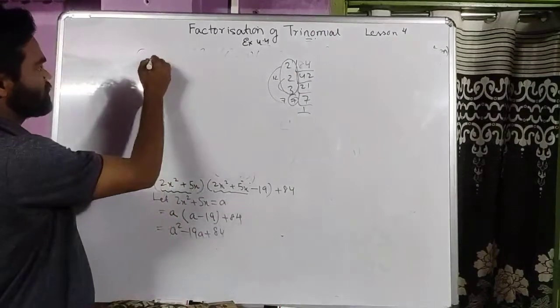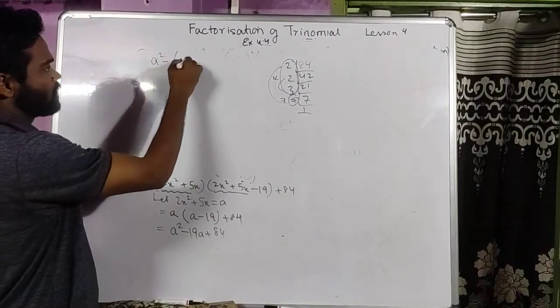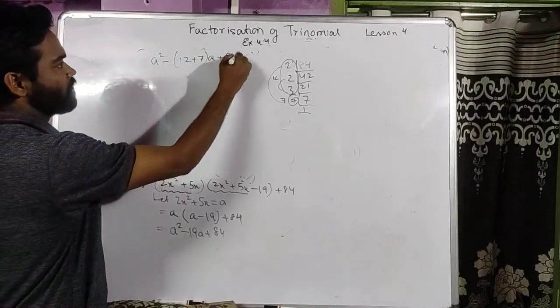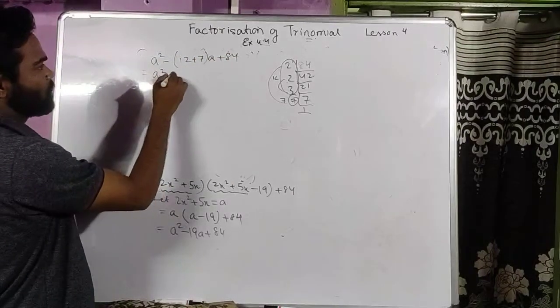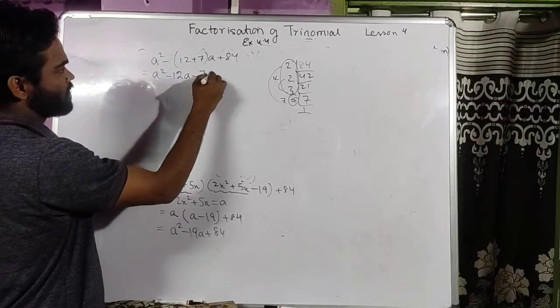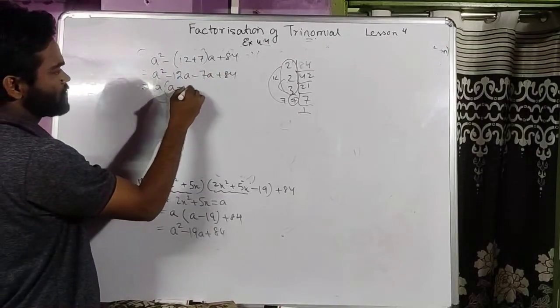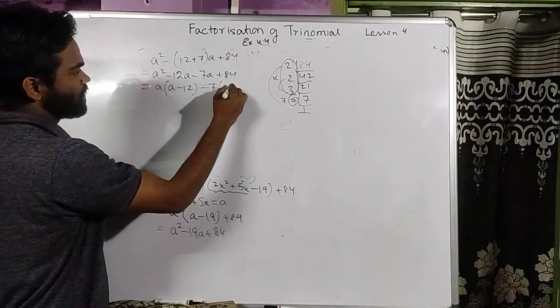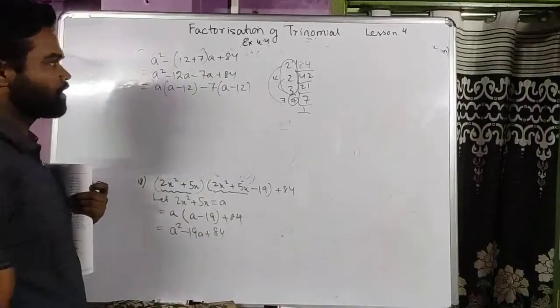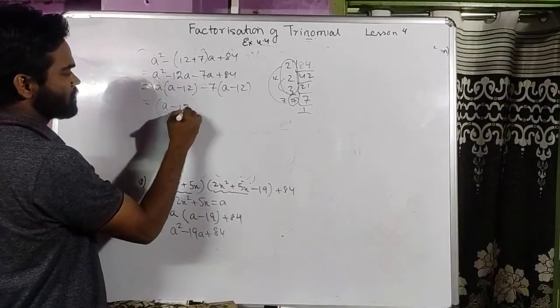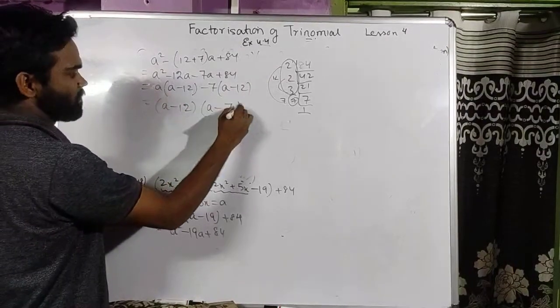So we can write this as a square minus 12a minus 7a plus 84. This is a minus 12, minus 7, a minus 12. Minus sign because we have taken minus sign common. So this is a minus 12 and this is a minus 7.